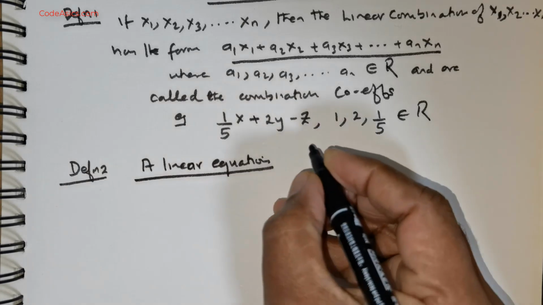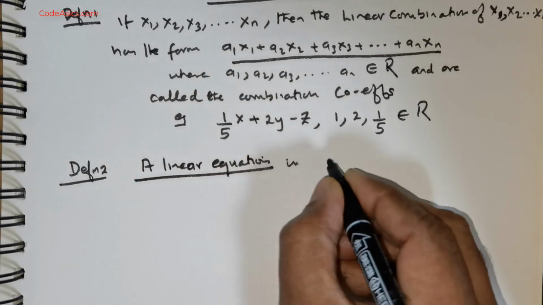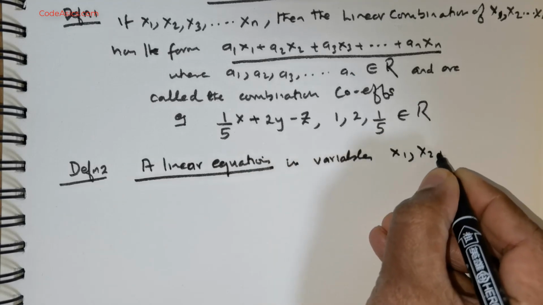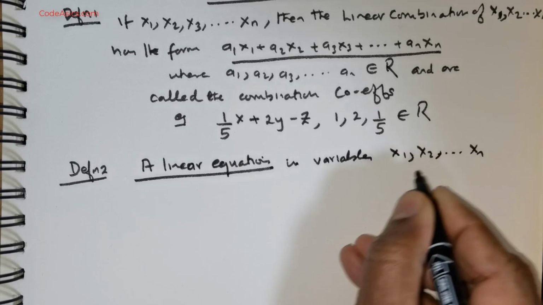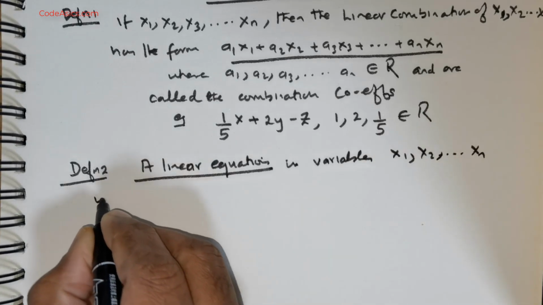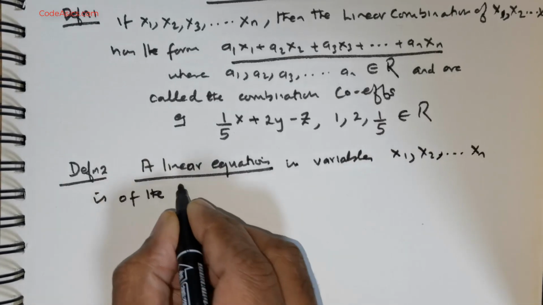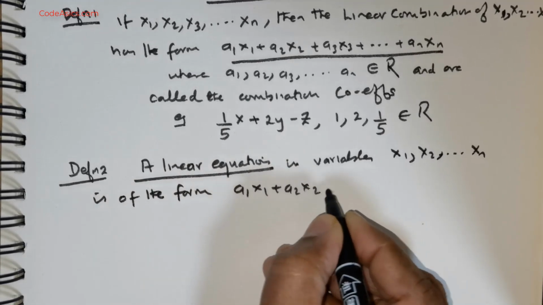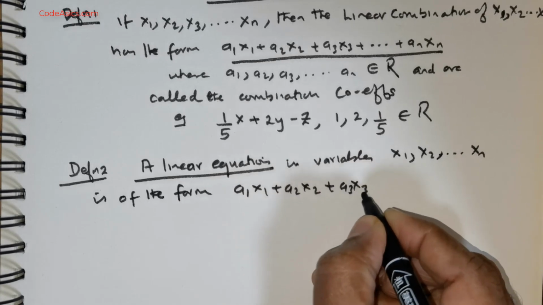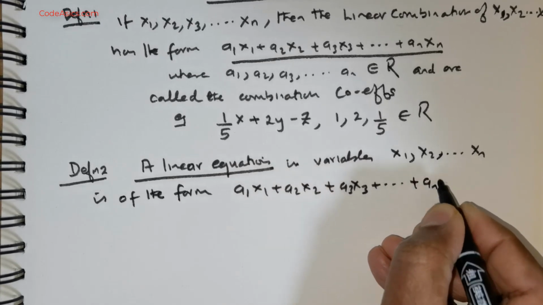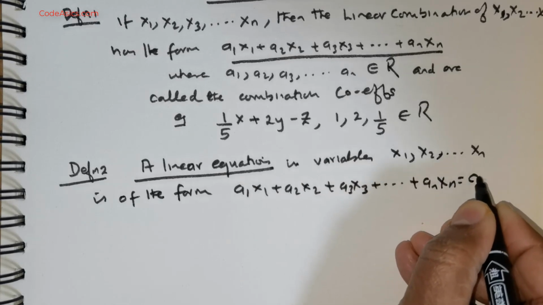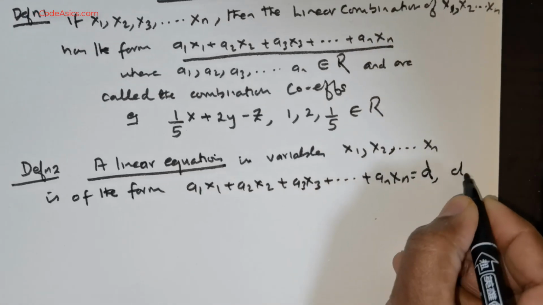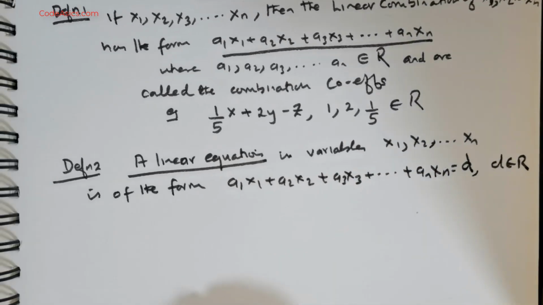A linear equation in variables x1, x2, etc., xn is of the form a1 times x1 plus a2 times x2 plus a3 times x3 plus etc. plus an times xn is equal to some quantity d, where this d is an element of real numbers.